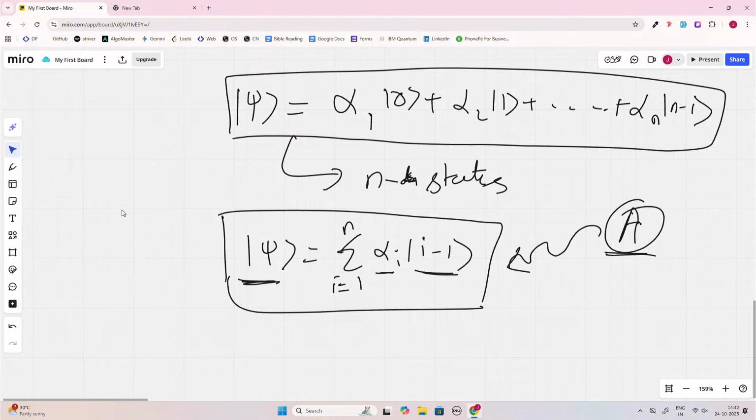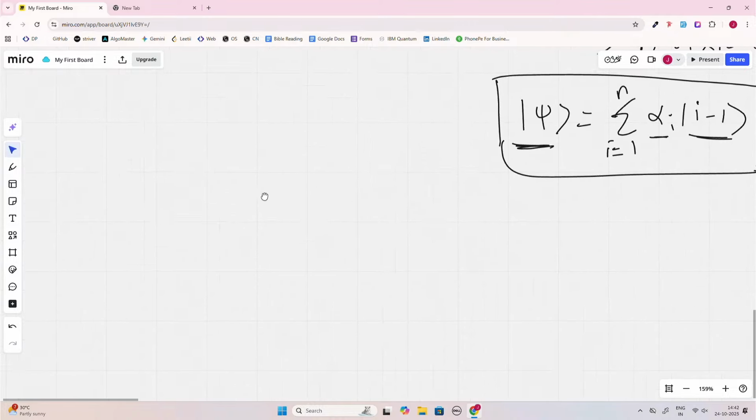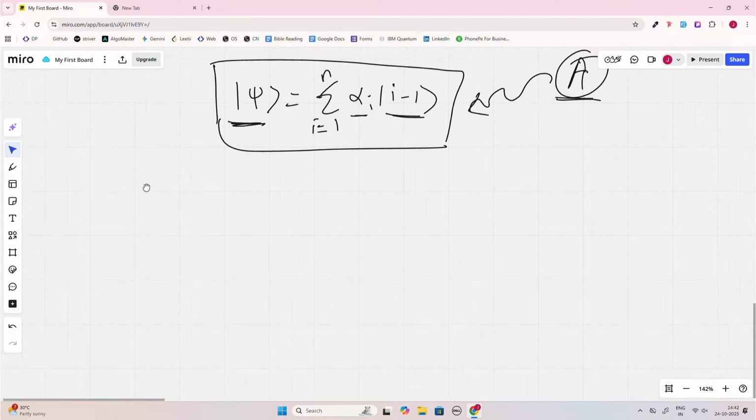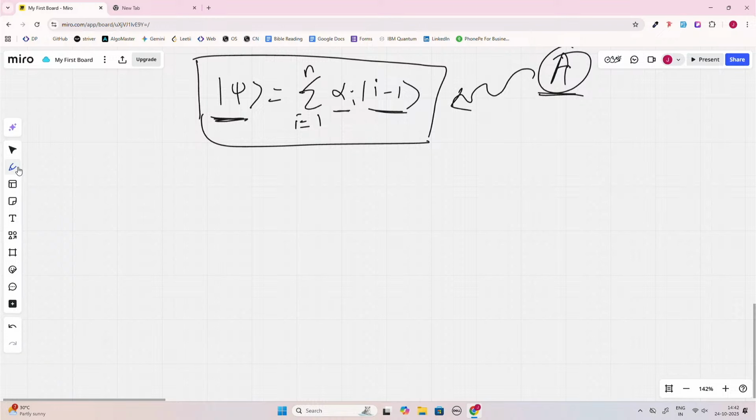What is an eigenstate? If I write like this, for any i, this is the eigenstate. Simply put, that is the eigenstate.